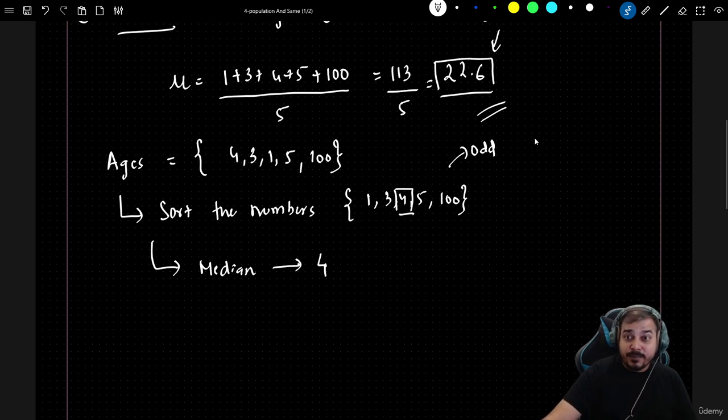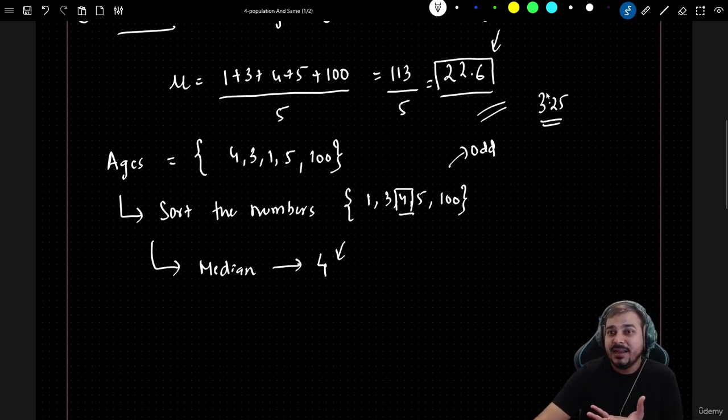Before, the mean was somewhere around 3.25, and even after adding an outlier like 100, if I get a median of 4, it's still not getting much impacted, because the previous mean was 3.25. It's just a small change, right? So the median in short will help us overcome outliers, and it will not impact the distribution with respect to the measure of central tendency. This is very important.